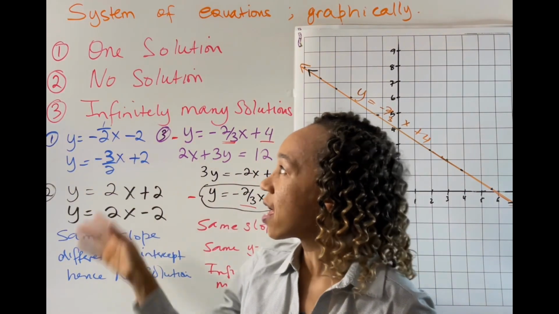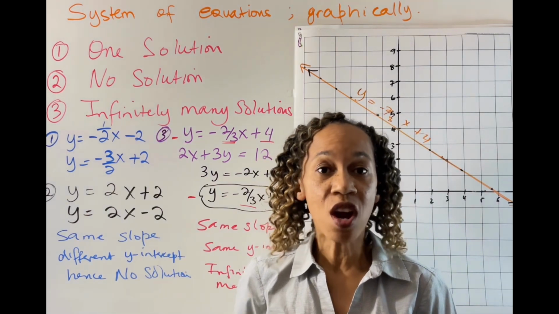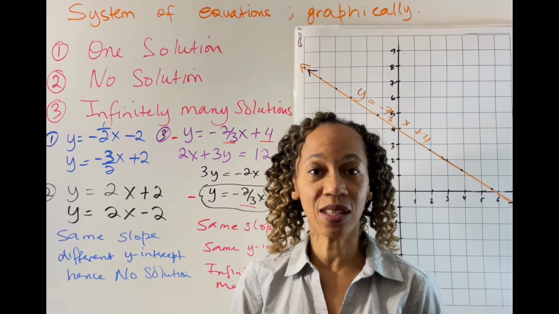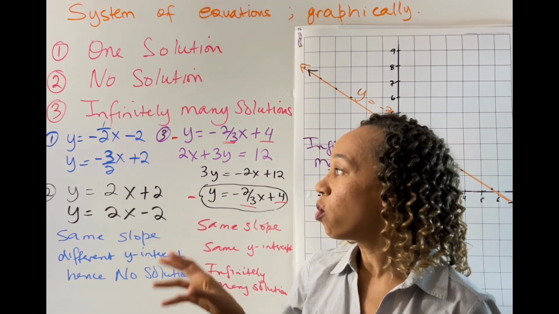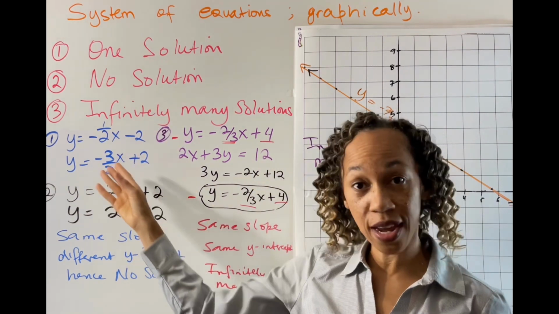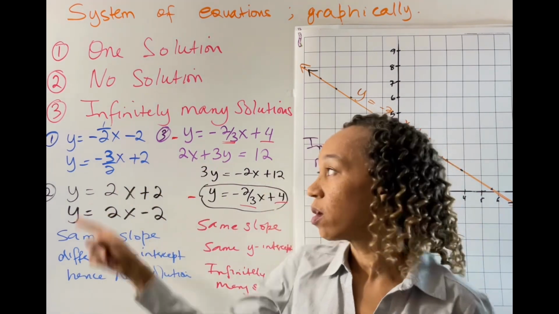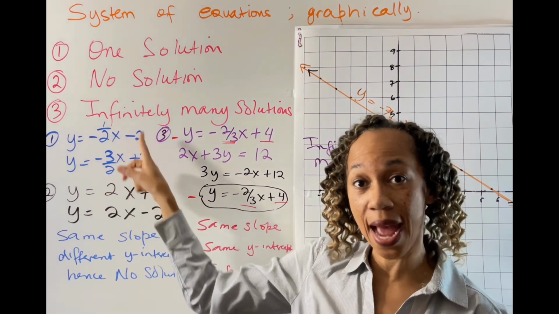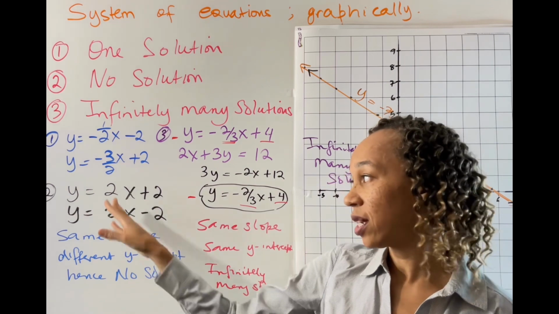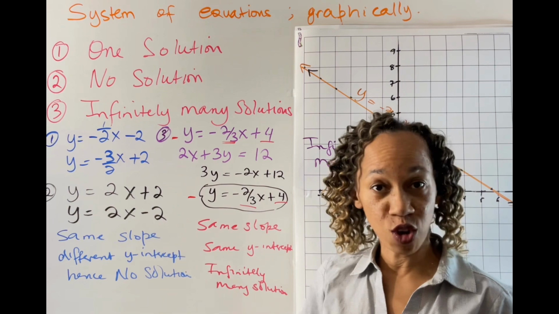These are the 3 basic types of solution that you will encounter when you're graphing system of linear equations. I hope that this has helped you tremendously, and not only will you have to graph it, but you can look at the equations that are given to you and identify when you will have a solution, which is in this case when the slope and the y-intercept are different, and when you will have no solution, which is simply when the slopes are the same but the y-intercepts are different and the lines are going to be parallel.